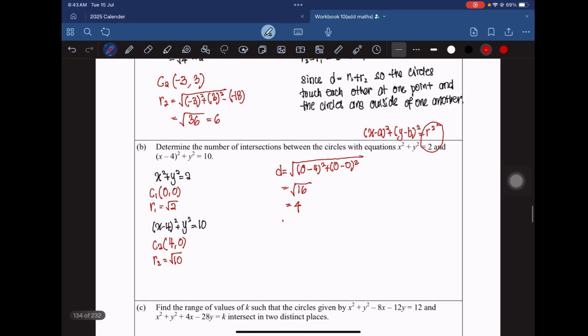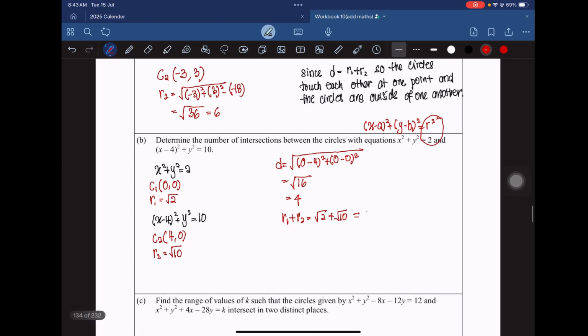R1 plus R2 is the square root of 2 plus the square root of 10, which gives me 4.576. And R2 minus R1 is the square root of 10 minus the square root of 2, which gives 1.748.